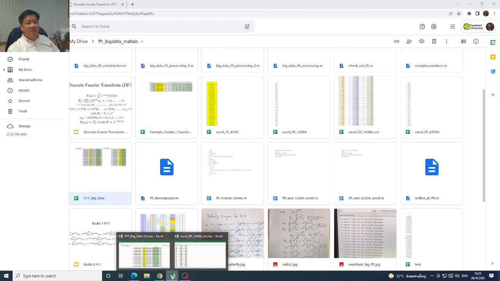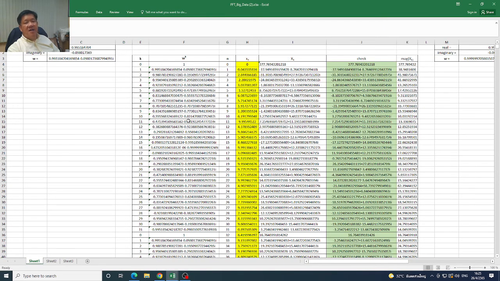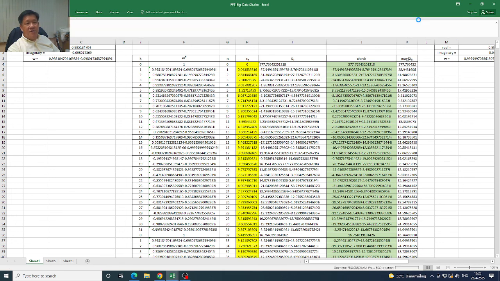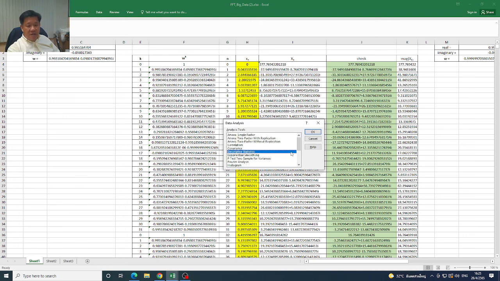Luckily, within the Excel format, they already install something that you can compute with, we call the data analysis. Within the data options, you can see that with data analysis here, there's a function we call Fourier analysis.